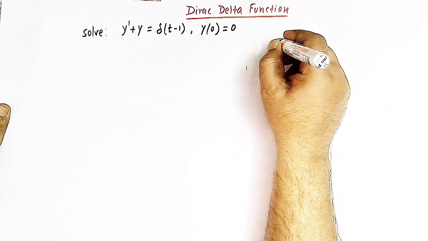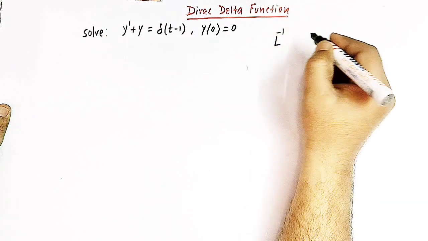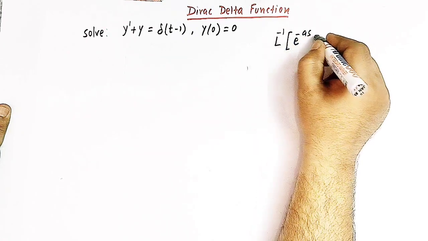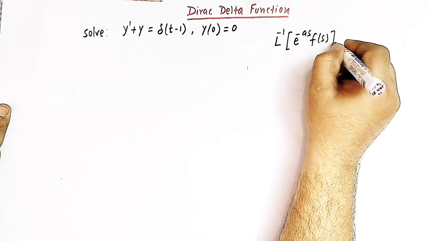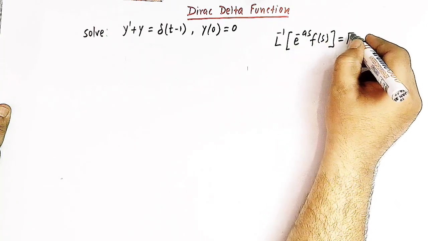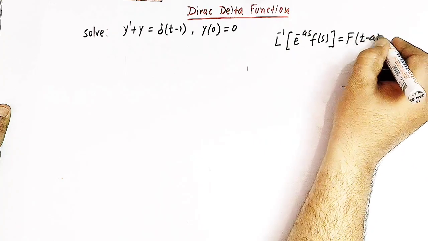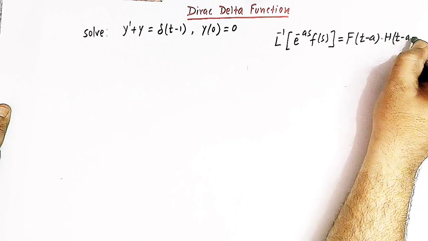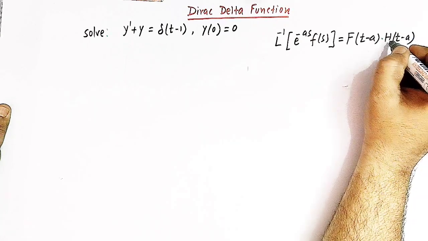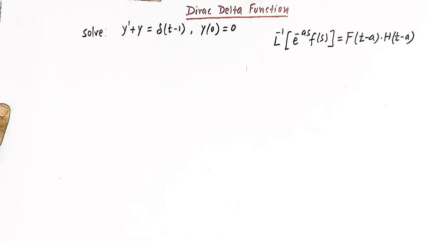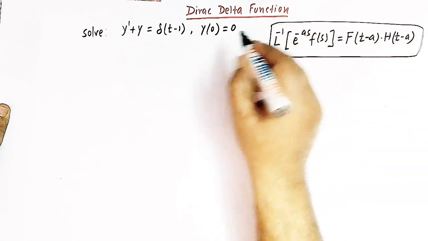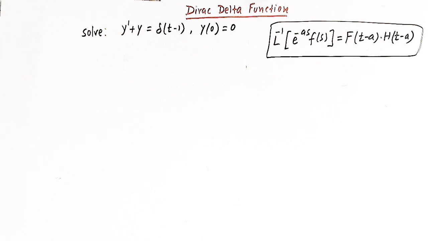The inverse Laplace transform of the function e raised to minus as times F of s is given by f of t minus a multiplied with h of t minus a, where h is the famous Heaviside unit step function. This result would be used while solving this differential equation.